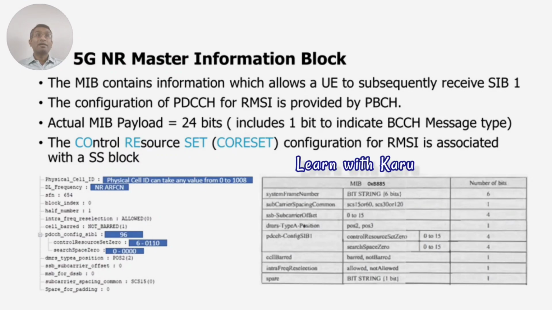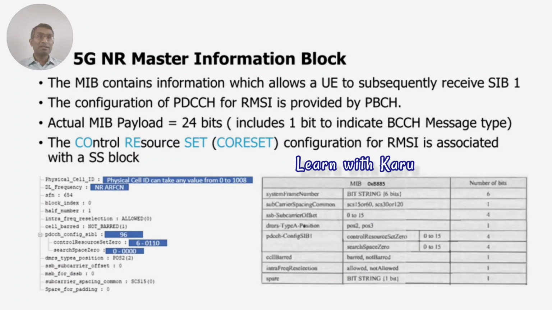And then it is going to decode the physical broadcast channel, which is part of the synchronization signal block, to get the Master Information Block contents. Let me walk you through the MIB contents here.